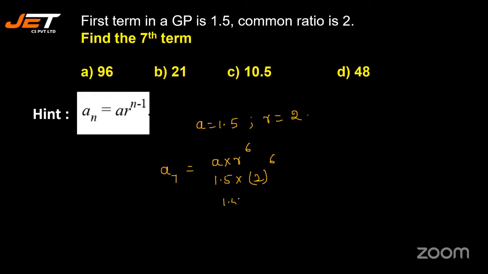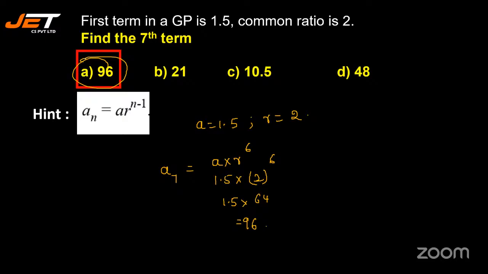So 1.5 into 2 to the power 6. 2 to the power 6 is 32 into 2, 64. So 64 multiplied by 1.5 would give us 96. So A7 must be 96. Yes, it is.